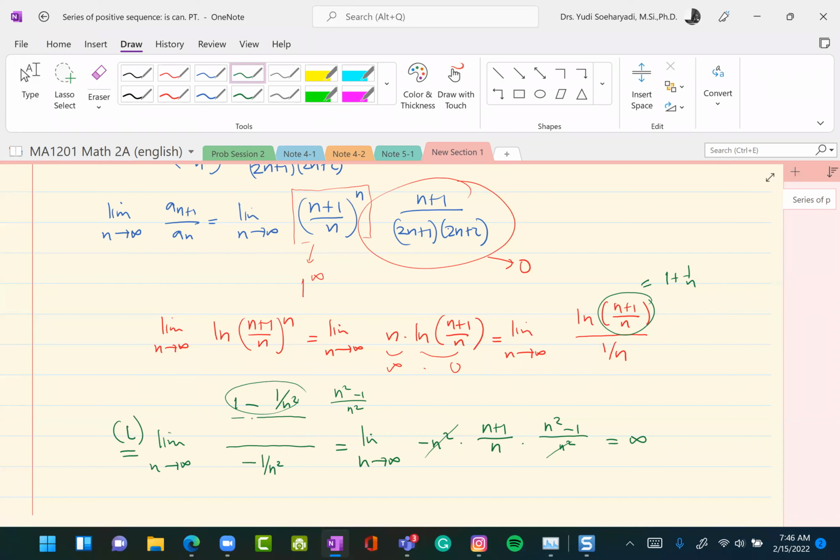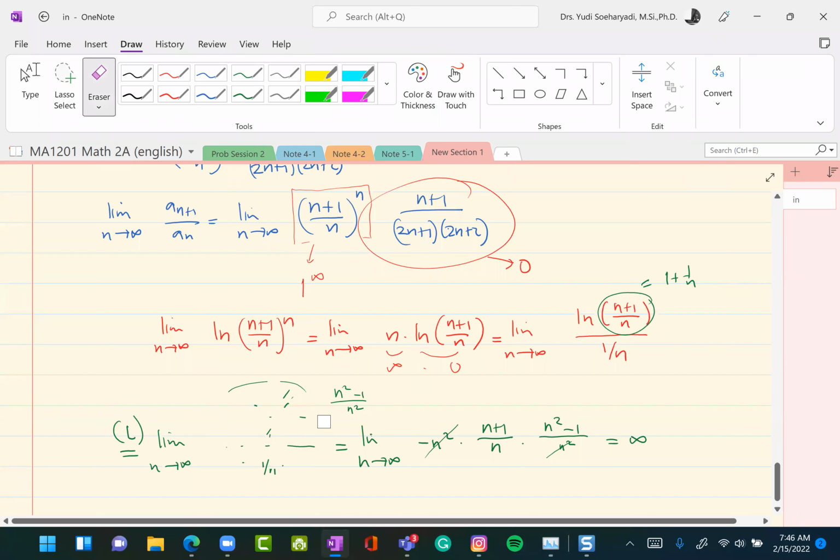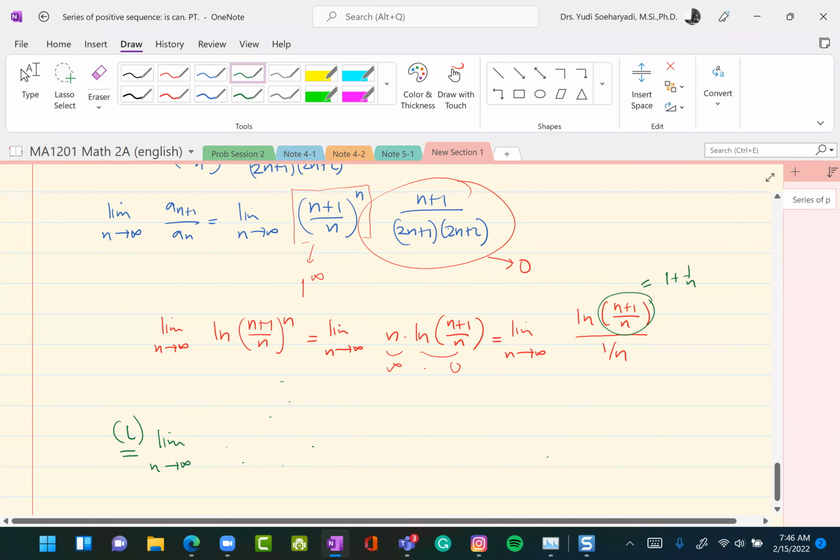Sorry. This is n plus 1 over n. Okay, and the derivative is just derivative of this, 0 minus, oh, okay, sorry, this is the wrong thing. This is wrong. All right, so take the derivative.